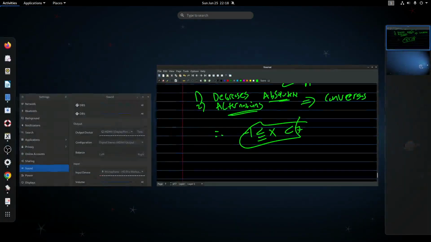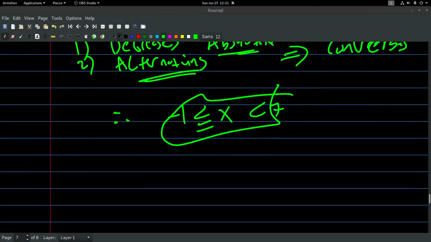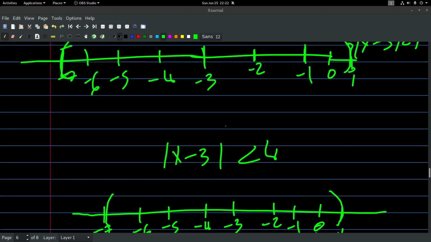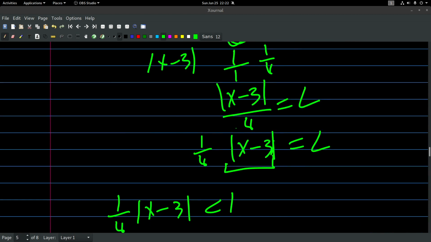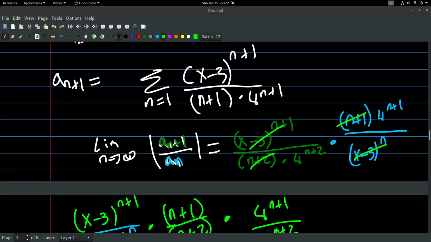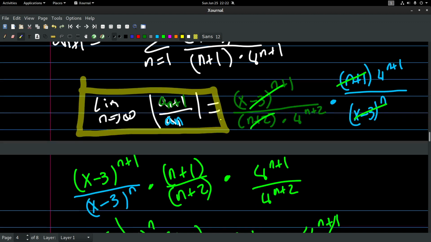I didn't know that. I thought I knew that. I'll do a wrap up of this. This was actually a little bit harder than I thought. So the first thing you need to know is the ratio test, which I have here. If it's less than 1, it converges.